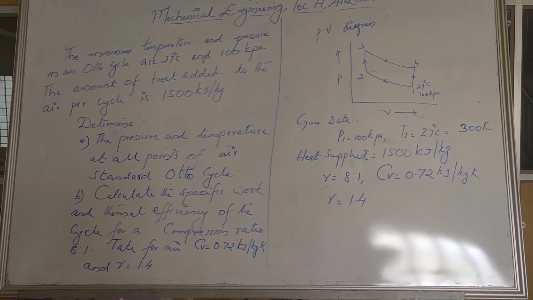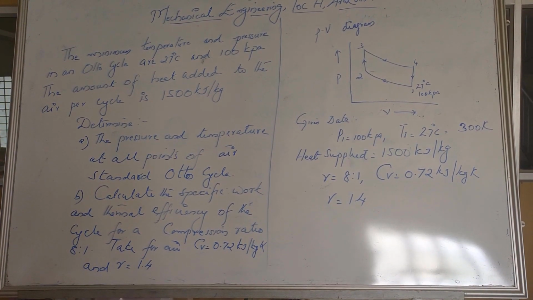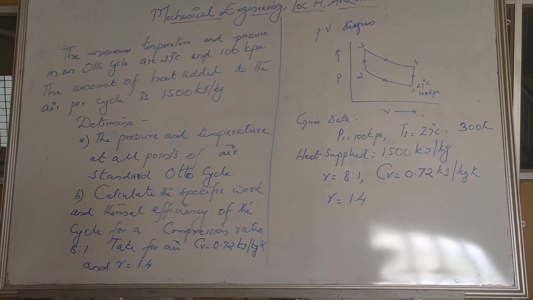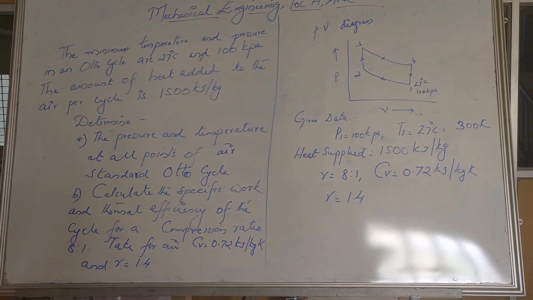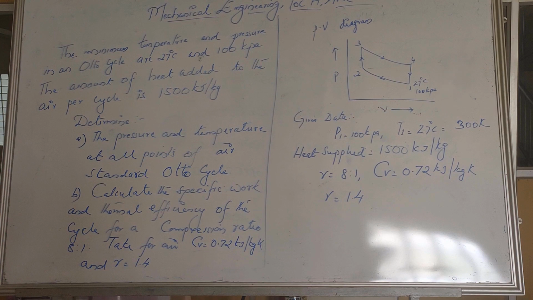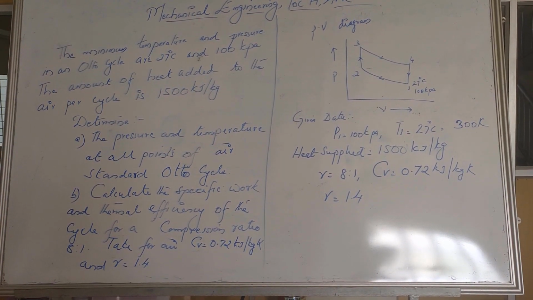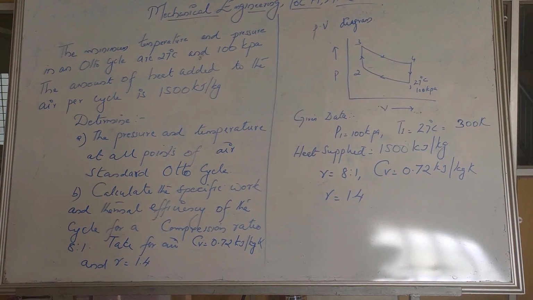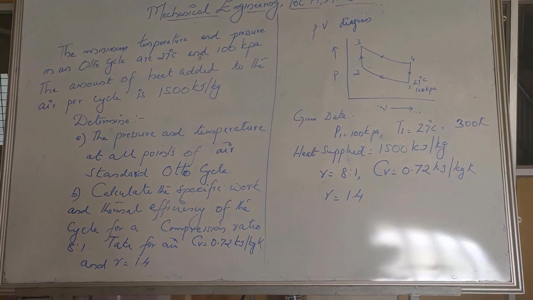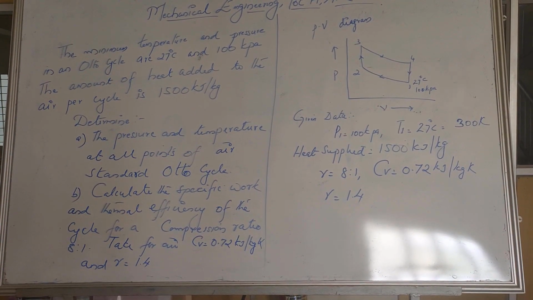Now before you get into solving this numerical, you should keep in mind what the PV diagram of Otto cycle looks like. So you should draw the PV diagram of Otto cycle before you actually proceed with the numerical, and mark whatever values are given in the PV diagram itself, so that at the end when you finish you are aware that all questions are answered appropriately.